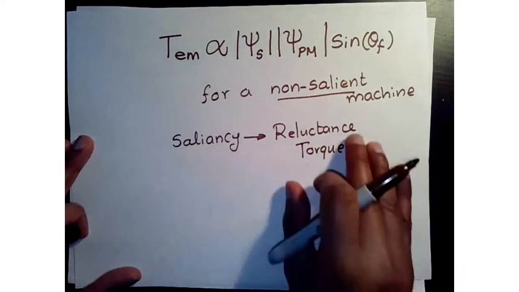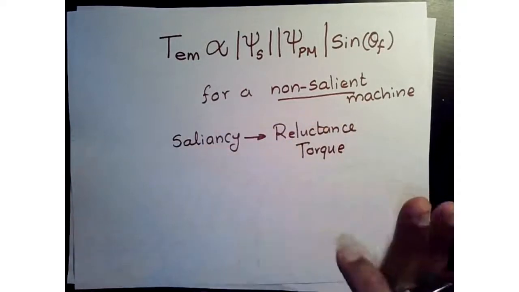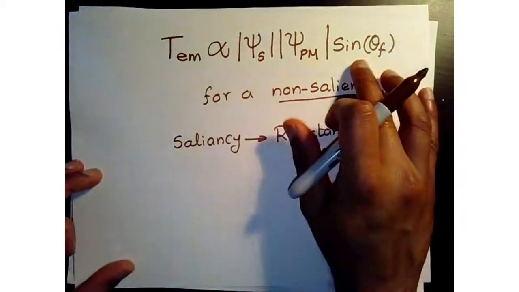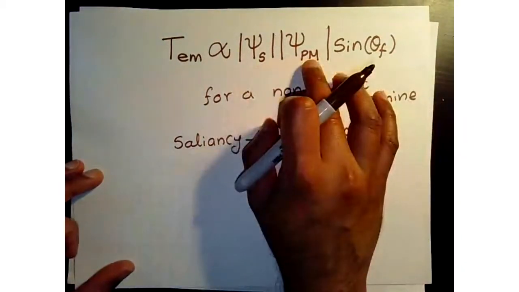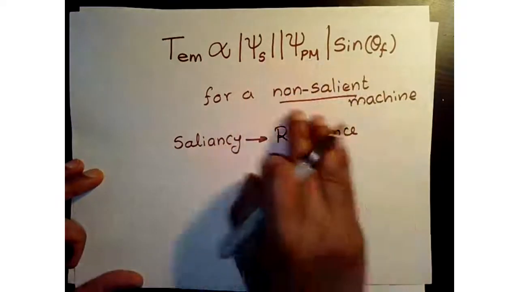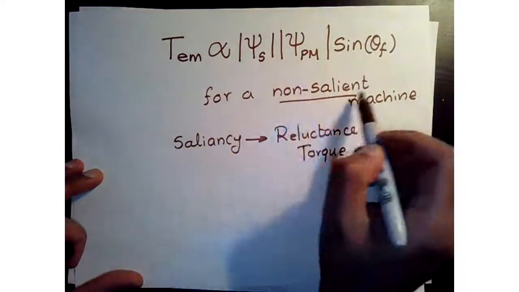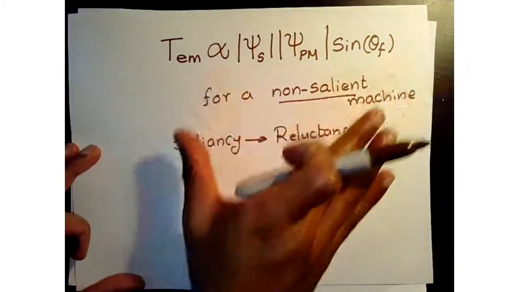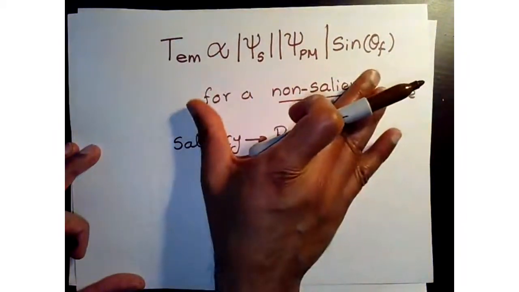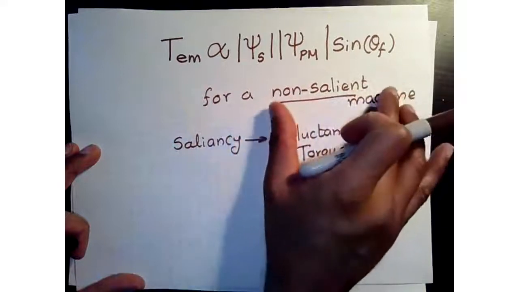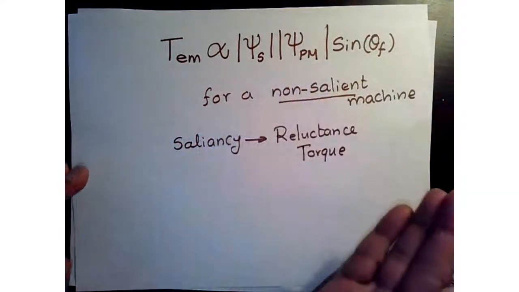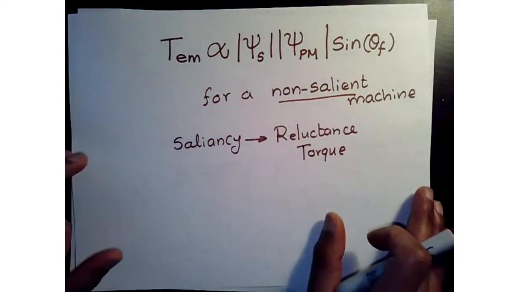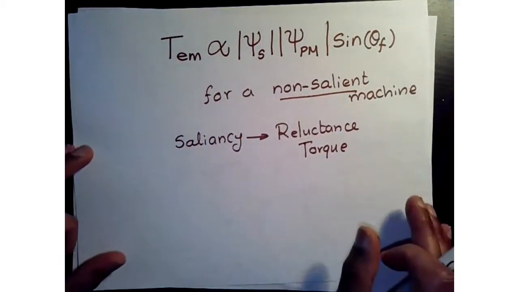So the reluctance torque has a different characteristic than the field interaction torque. We are not going to focus on saliency. We will assume a non-salient machine so that we can focus on the field orientation. Once you have a good grasp of non-salient machine FOC, applying that onto a salient machine can be understood very easily.